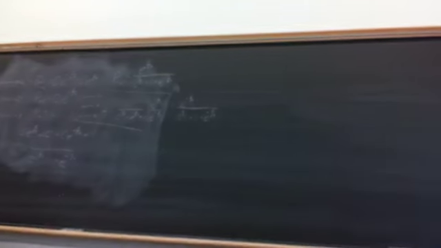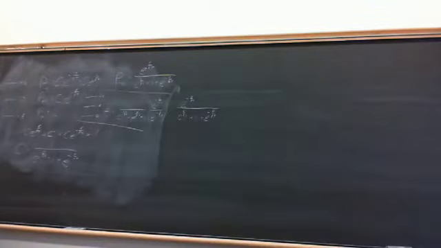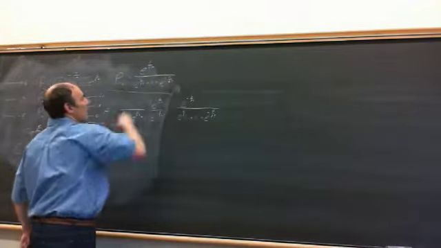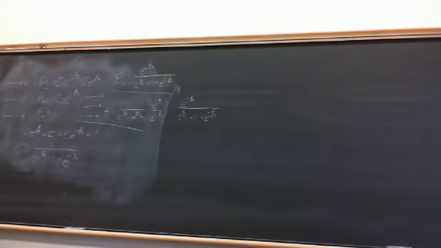I got a minus sign off here, and I'm not quite sure why. I'm trying to argue that these two are exactly the same, but I got a minus sign in the numerator that's slightly different.